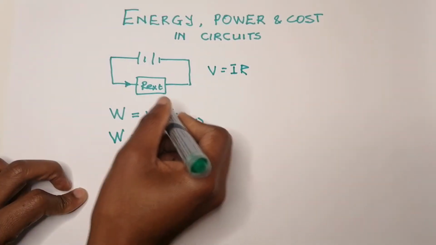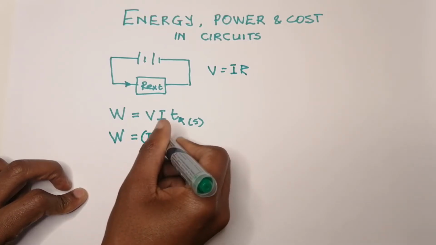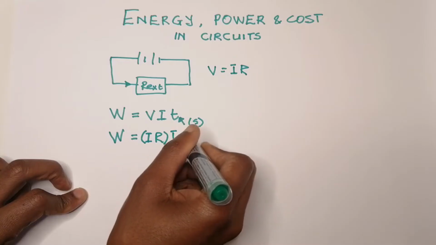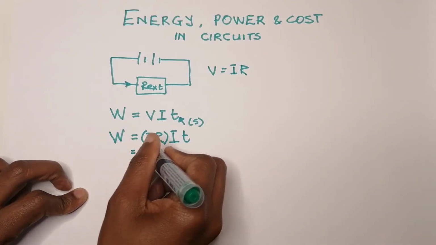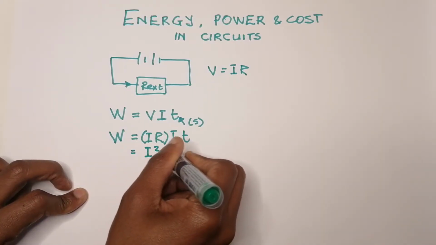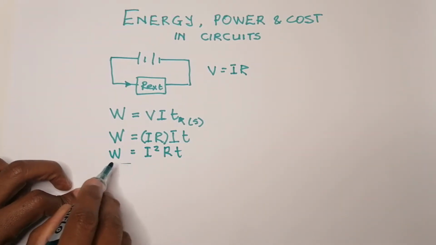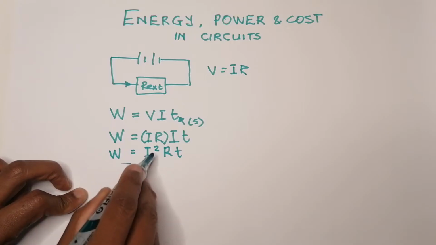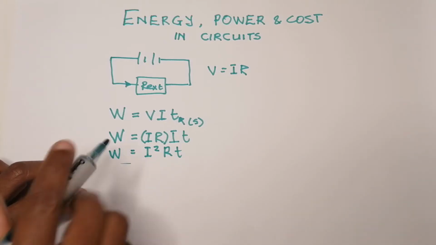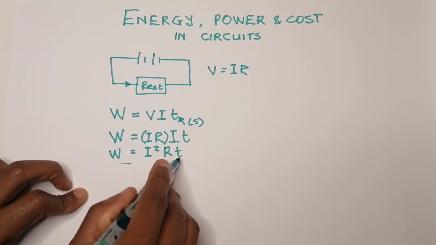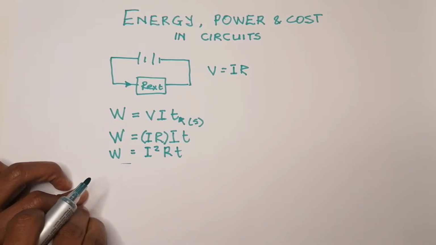So I can replace the voltage here with I multiplied by R, multiplied by I times T. Still the same equation, and I end up with I squared R multiplied by T. So if I wanted to find out the energy across a particular resistor, I must take the current passing through that resistance multiplied by the resistance of the resistor multiplied by time. And once again, time is in seconds.